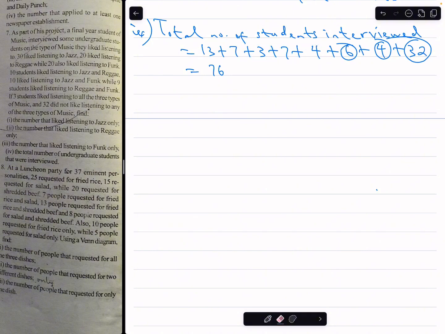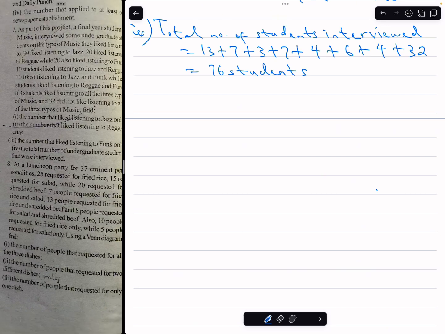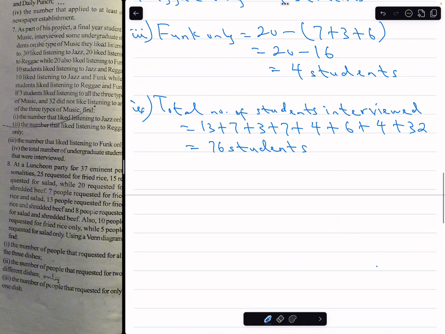Let's do that again. 13 plus 7 is 20, plus 3 is 23, plus 7 is 30, plus 4 is 34, plus 6 is 40, plus 4 is 44, and plus 32 is 76. So the total number of undergraduate students that were interviewed was 76. And I think that's it. Very, very simply.